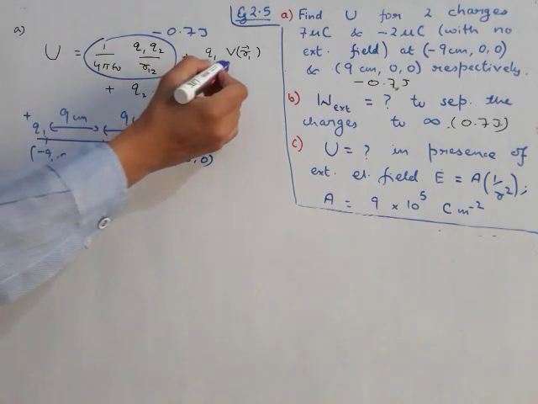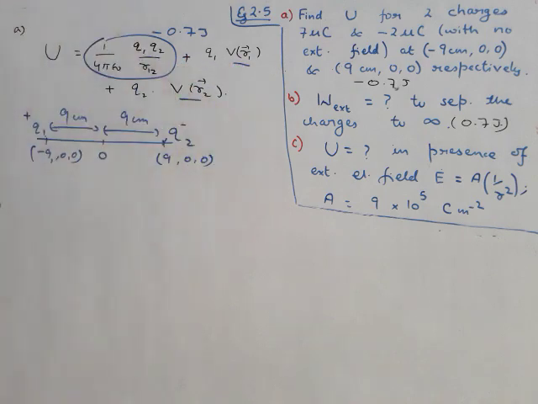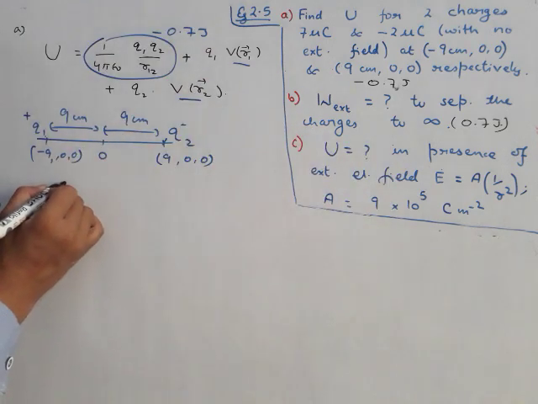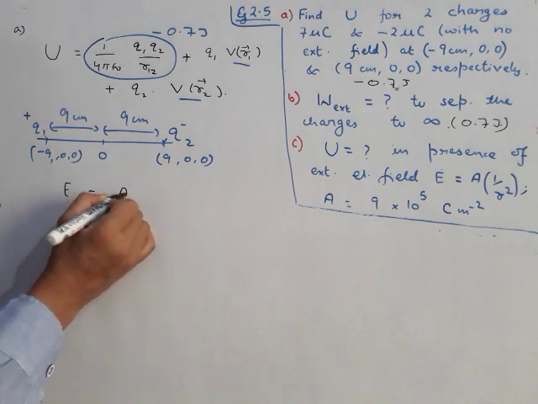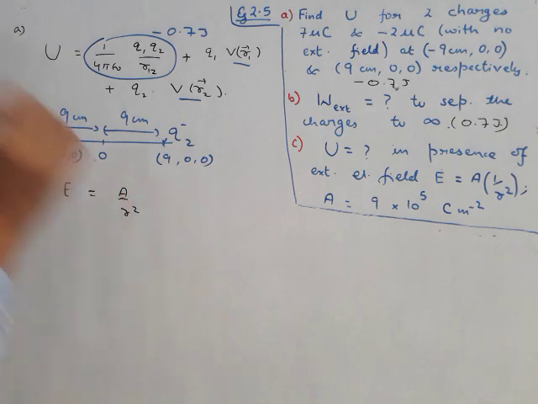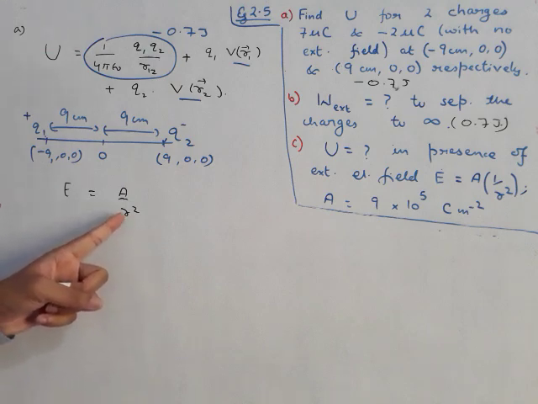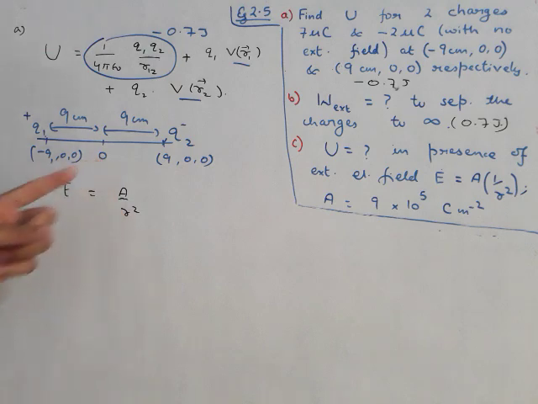Now we have to find the values of V(R1) and V(R2). Only then will we be able to calculate this potential energy. What is given? It is given that the electric field varies like A by R square, where R, you should remember, students, is the distance from origin.